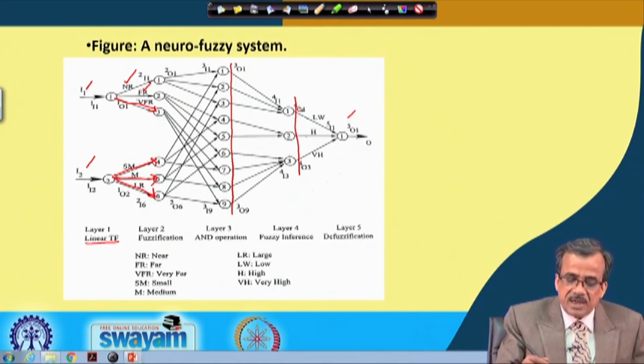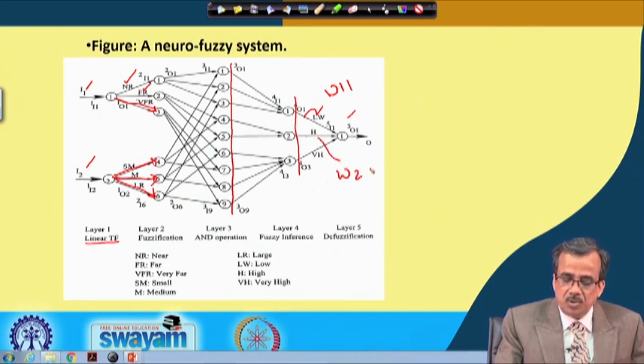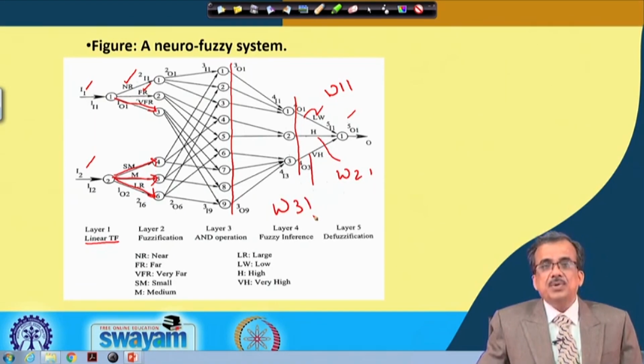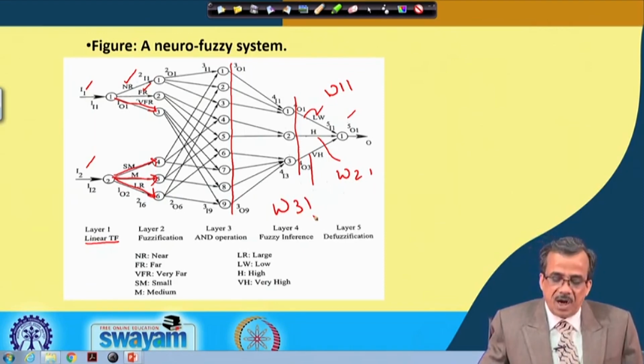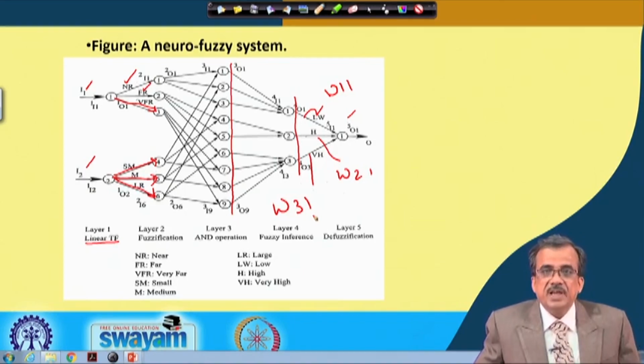Now, the connecting weights, that is W11, then comes W21, and W31, are going to represent either the half base width or the base width of the triangular membership function distribution used to represent the output variable.